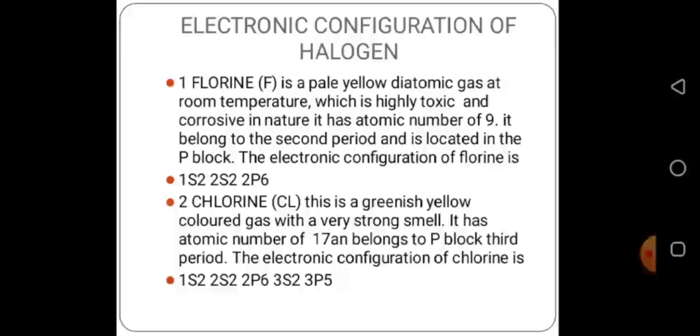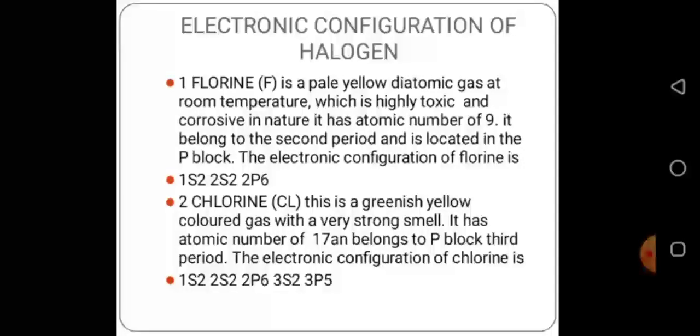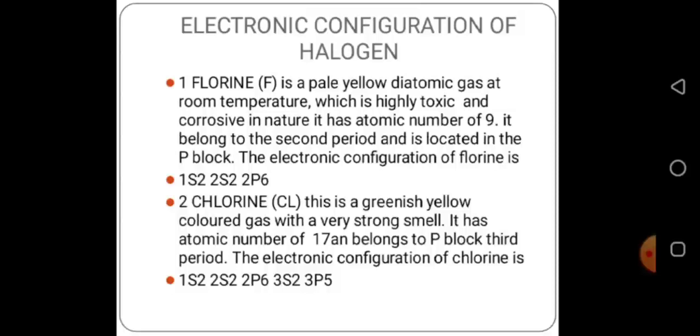So in the electronic configuration of chlorine, we see we have K, L, M shells. That means chlorine has 3 shells. It belongs to that period, and it is P block.